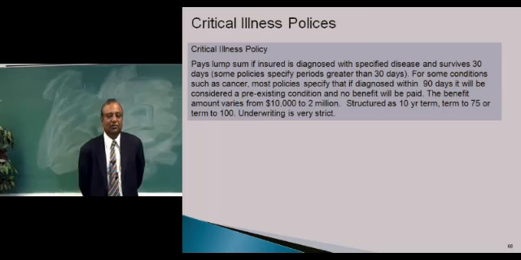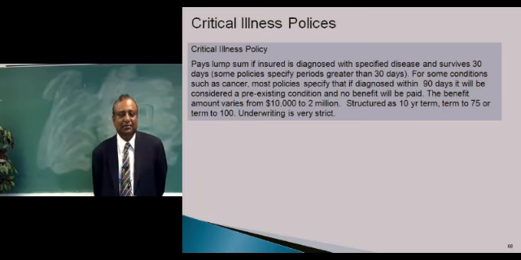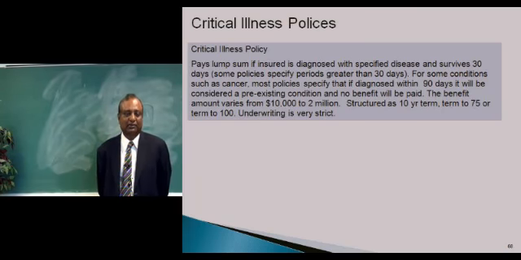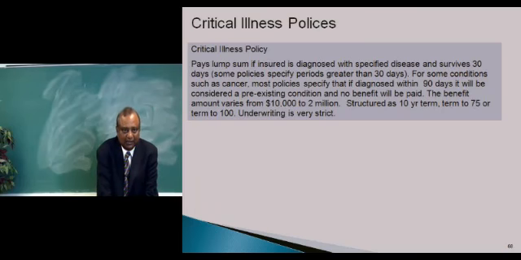Critical illness policies. These policies will pay a lump sum if the insured is diagnosed with one of the listed diseases. Usually it lists most of the major things like heart attack, stroke, cancer, Parkinson's, Alzheimer's, all the major diseases. And if the person survives for 30 days. So you have to be diagnosed with the condition and you have to survive 30 days.